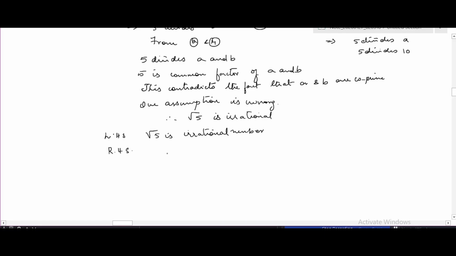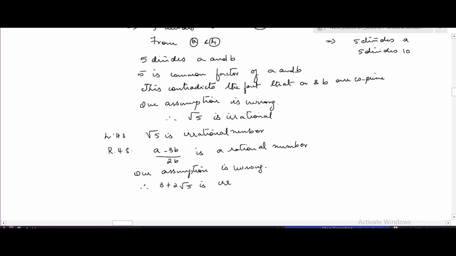A by b minus 3b by 2b is a rational number, which is wrong. Our assumption is wrong. Therefore, 3 plus 2 root 5 is an irrational number.